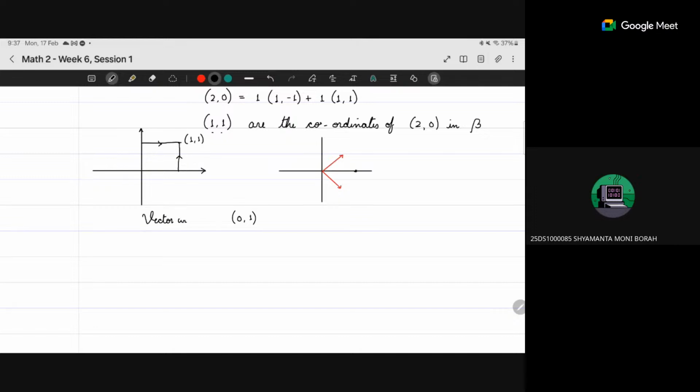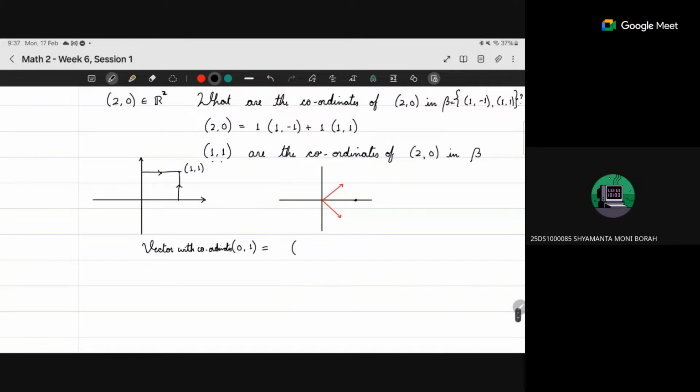Vector with coordinates 0, 1 is what vector? What is found with the description 0, 1? So this is actually 1, 1.